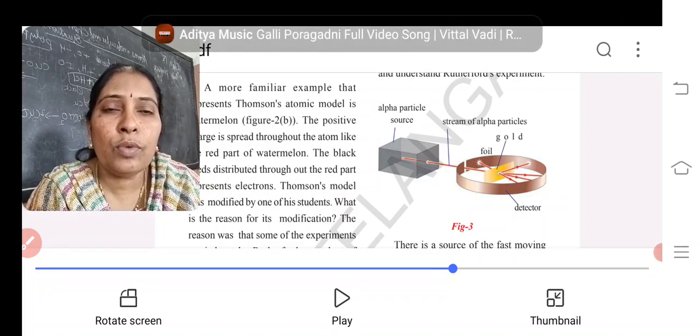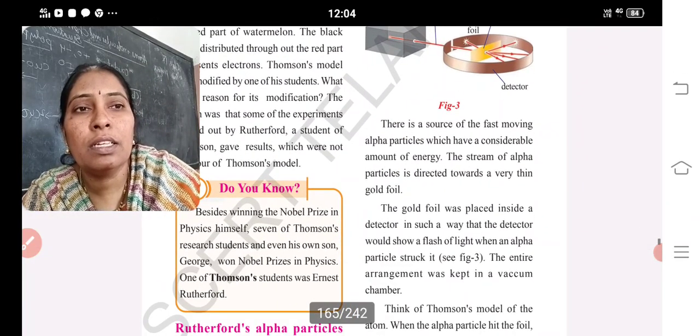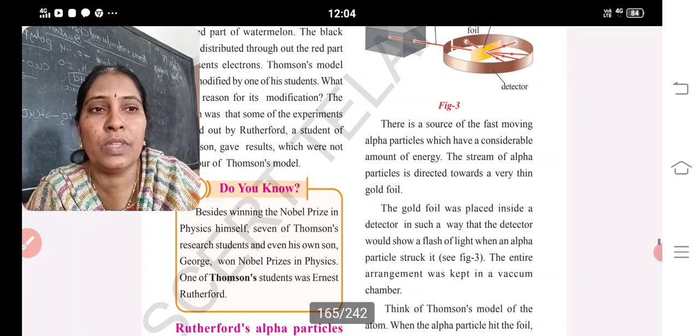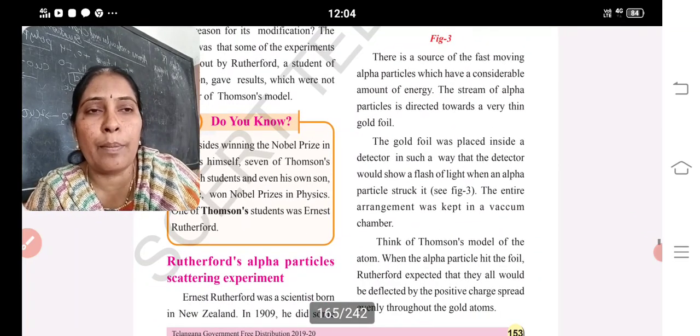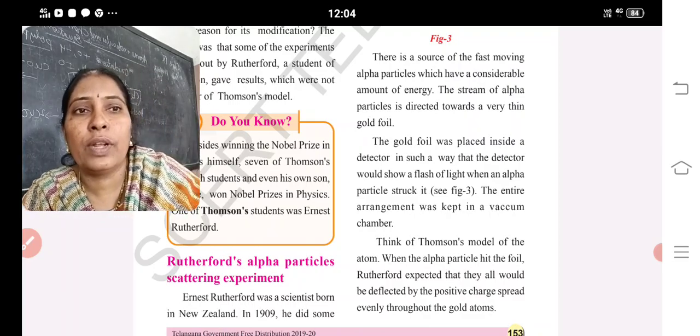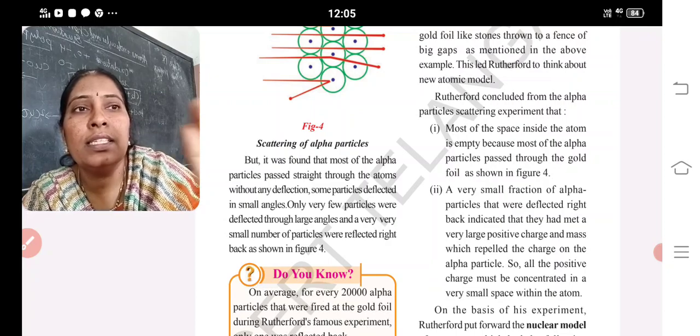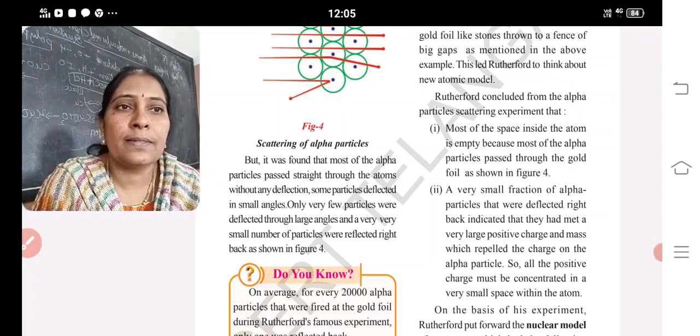From this he came to know that something lies at the center. Because it is already occupied by something, the ray is reflecting back. Rays are deflecting. So from this, what observations did he make? Let us discuss those observations.